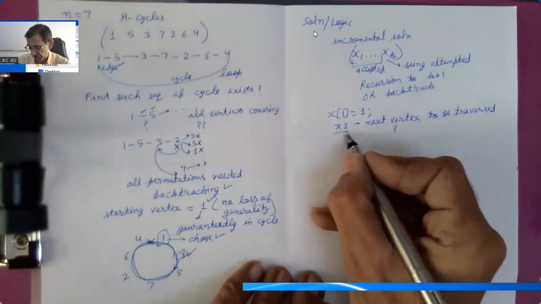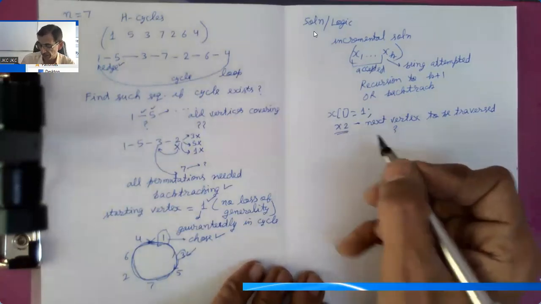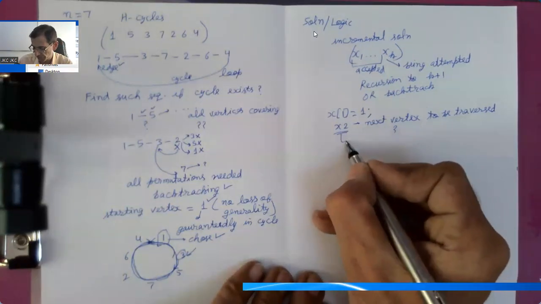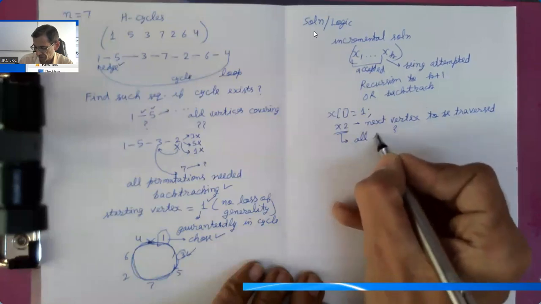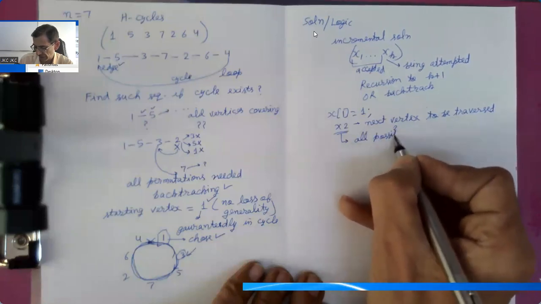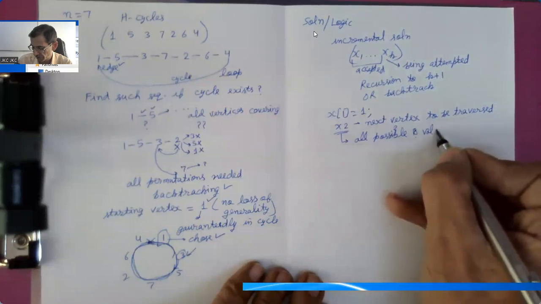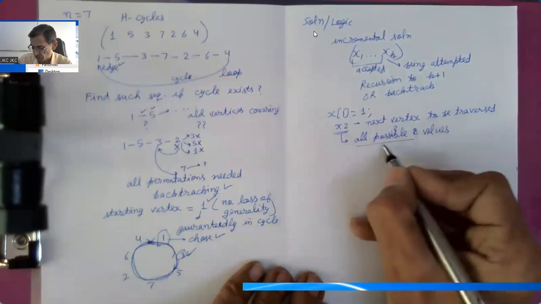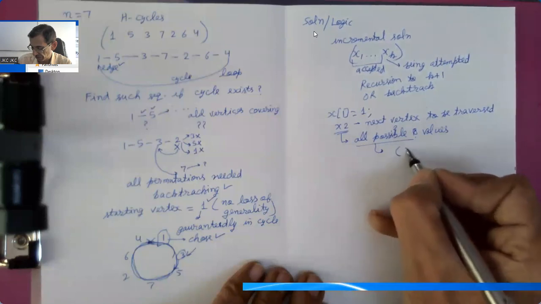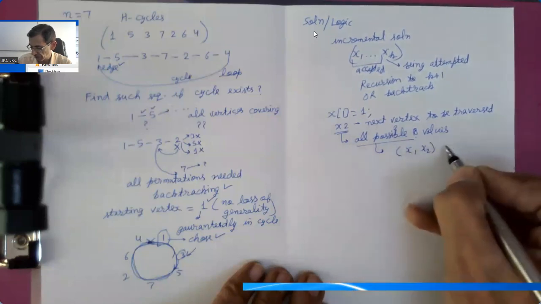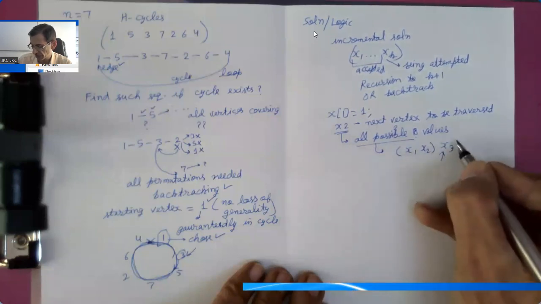Of course, this vertex will be dependent on the adjacents. So I'll say, what are all the possible values? Consider all permutations, and then I'll find whether it is acceptable or not, and accordingly proceed. And then based on that, if found, then I will say x1, x2 solution ready. Try the same for x3. So find vertex 3 to be traversed.